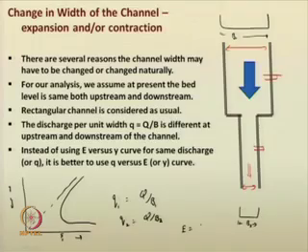So, you have E is equal to y plus small q squared by 2 g y squared. For a rectangular channel, you have E in the following form. Now, what happens if the width of the channel is getting changed? Definitely q is getting changed.